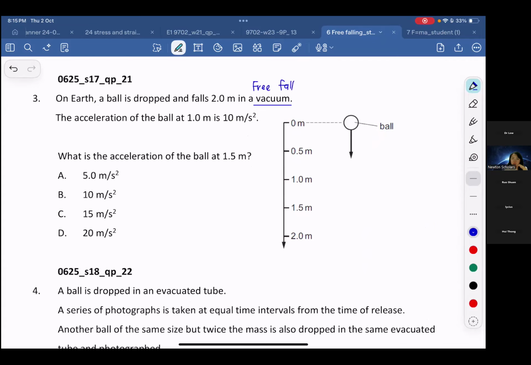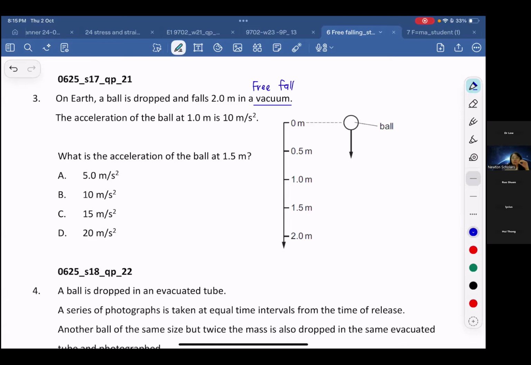Teacher, you're not telling us that the acceleration is 9.8? Okay, listen to me. 9.8 is the value after we have our new syllabus, starting from 2023. So they changed from 10 to 9.8.